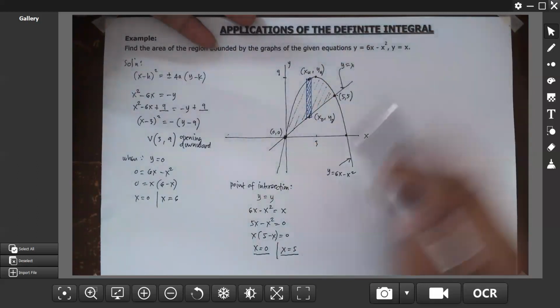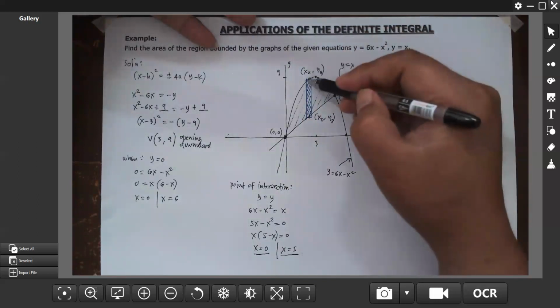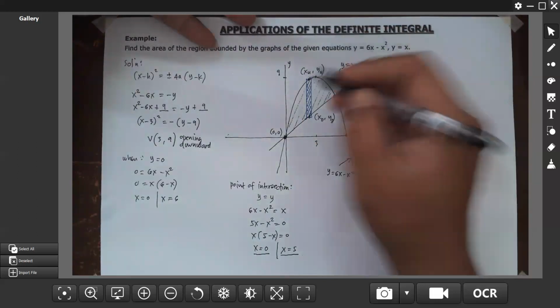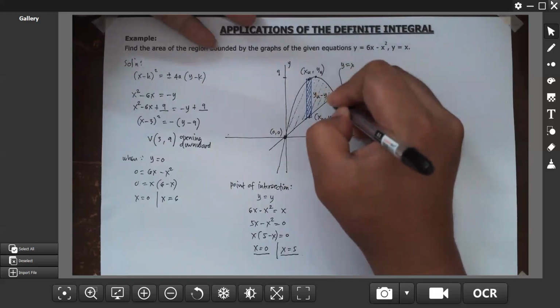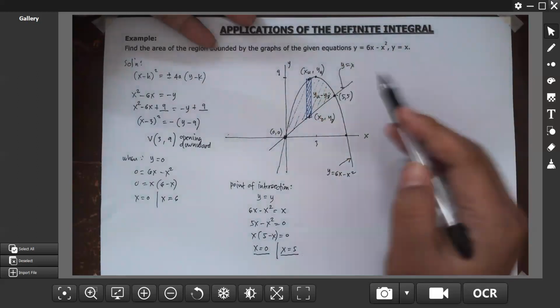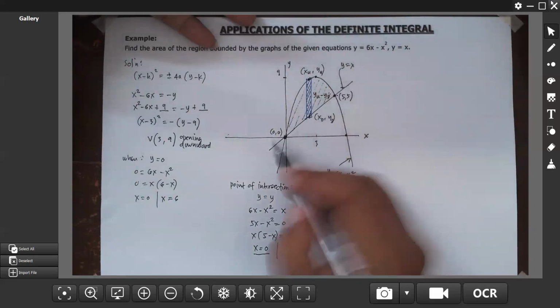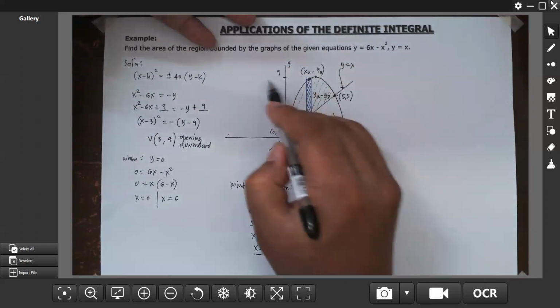So, for this rectangle, the height is y up minus y down. How do we determine this one? From the origin, this is y up.